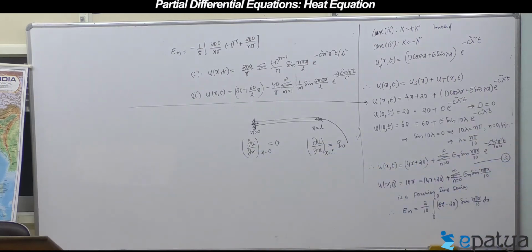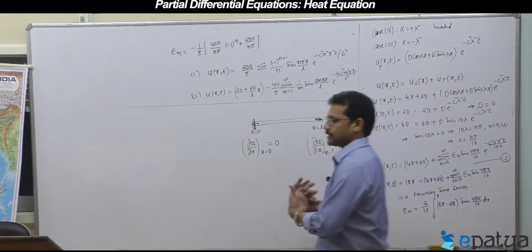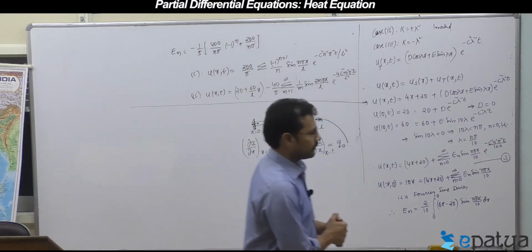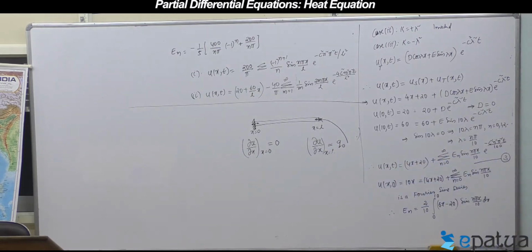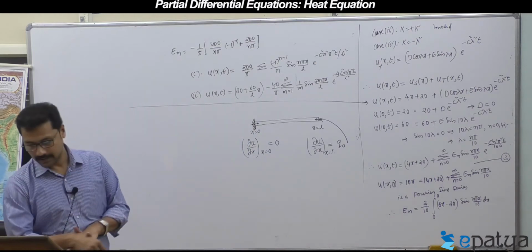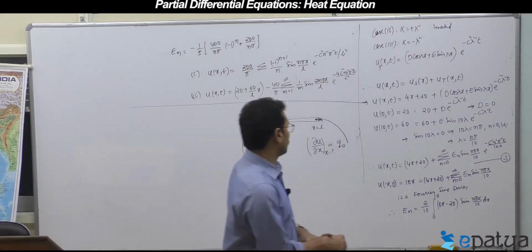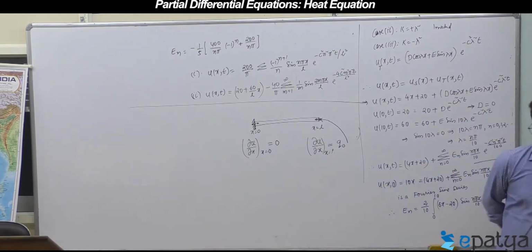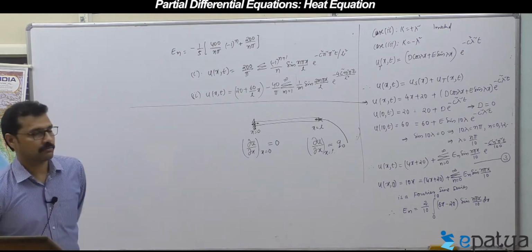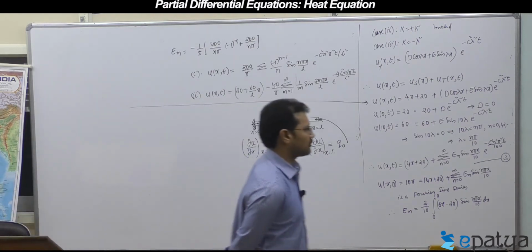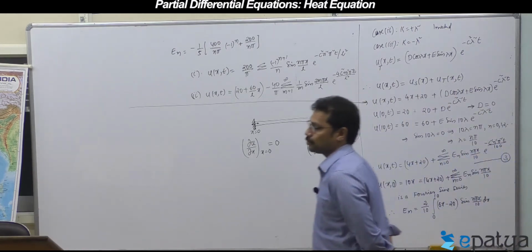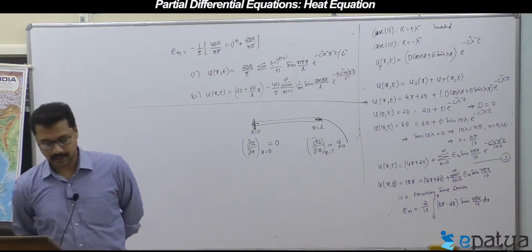If heat is supplied at the end x equal to L such that a constant flux Q naught flows at x equal to L, then dou U by dou X at x equal to L equals Q naught.